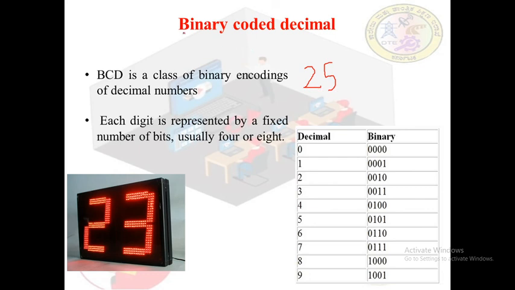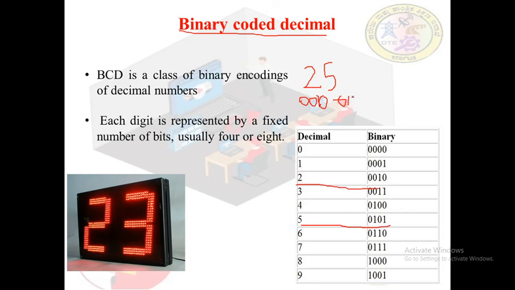Here in the binary coded decimal system, 2 is coded as 0010. So 2 will be written as 0010, and 5 is represented as 0101.